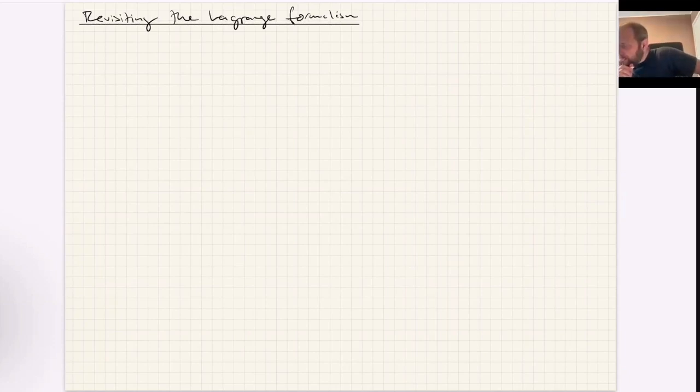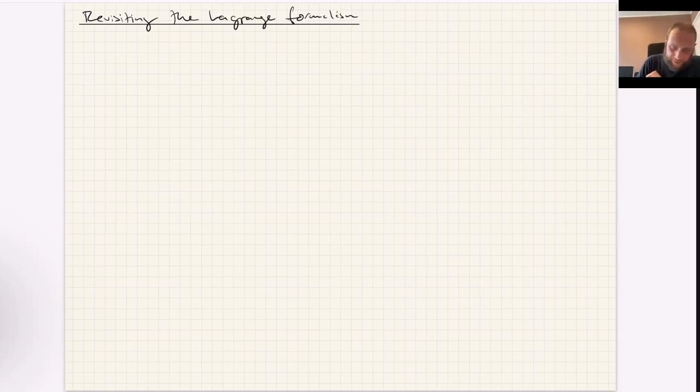So let's revisit the Lagrange formalism. You remember in the Lagrange formalism, we had some generalized coordinates that we used to write down a Lagrangian that we used to determine the action, and then we extremized the action.